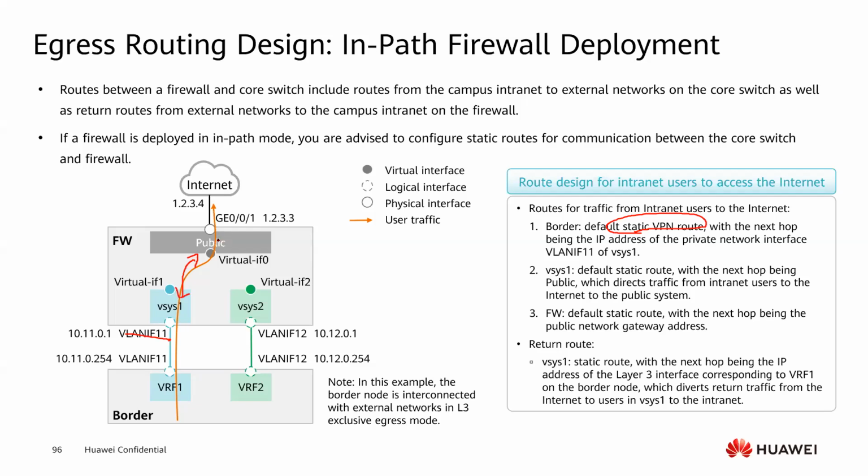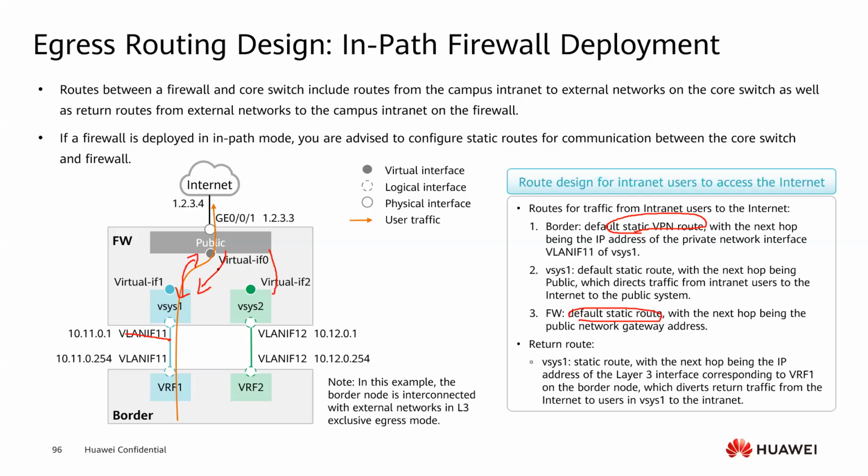And for the public one, it's just for the firewall itself. You also need to configure a default static route to connect to the internet. For the return route, there is no need from the public to the V6, because it will create a session table automatically by itself.